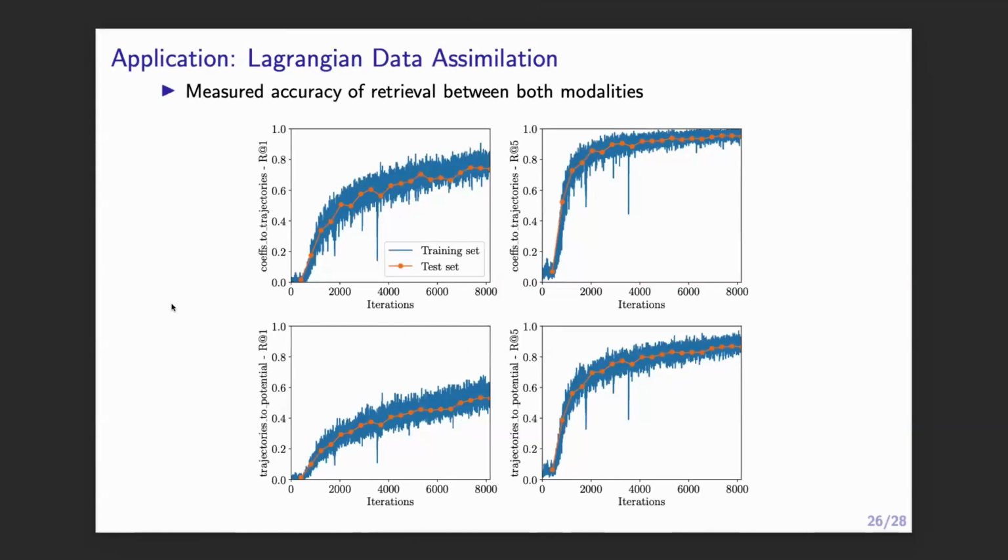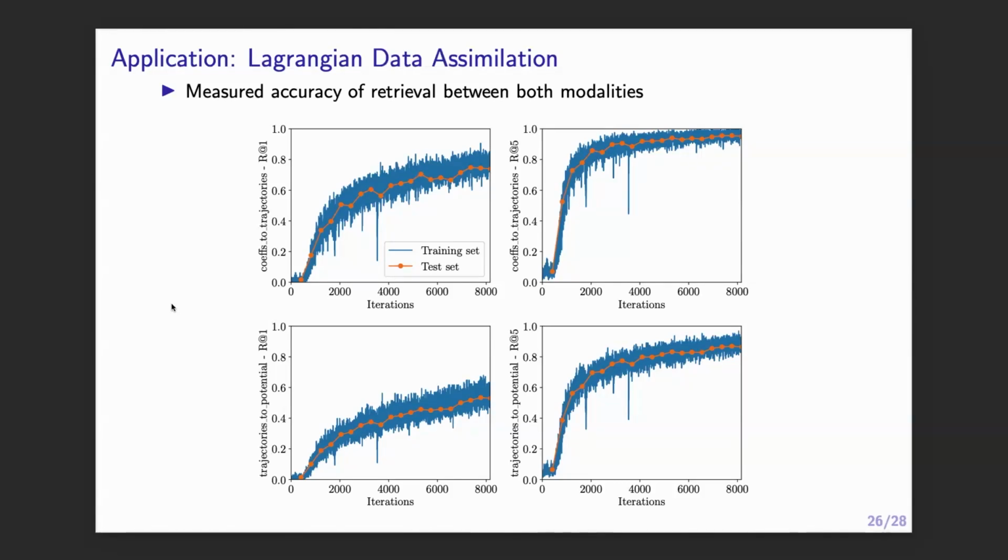The other thing we could look at is how well we can actually perform this retrieval, in both directions. On the top row is the retrieval of a trajectory given a velocity field, and in the bottom row, the retrieval of the velocity field given a trajectory.